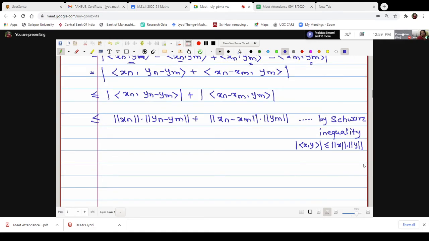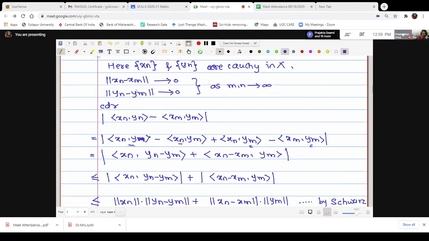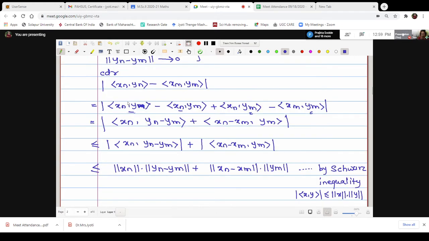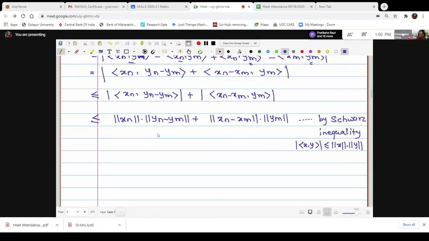We have already seen that norm of xn minus xm will tend to 0, and norm of yn minus ym will also tend to 0. Norm xn and norm ym are scalars. Therefore, finally these terms will tend to 0 as m, n tend to infinity. Therefore, what we have proved is that modulus of inner product xn yn subtracted with xm ym will tend to 0 as m, n tend to infinity.